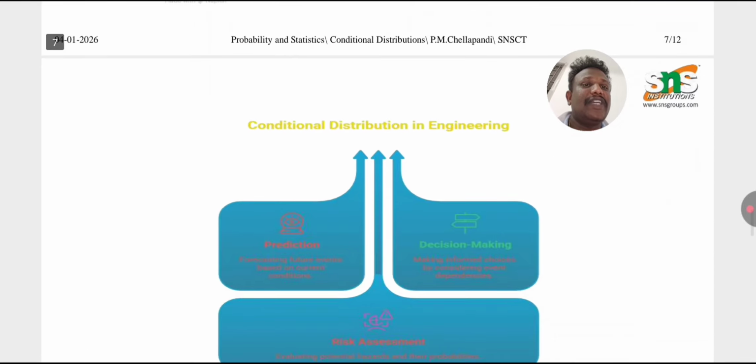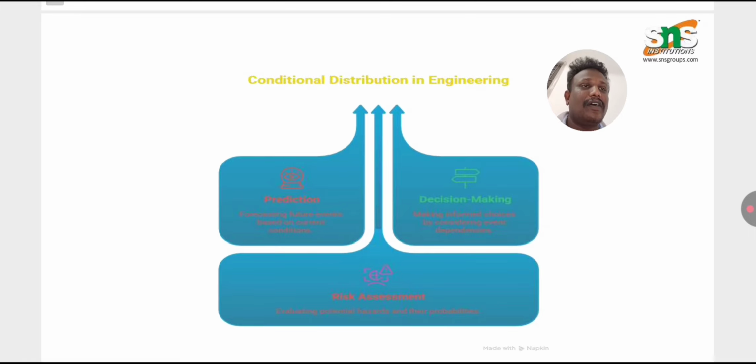Now in engineering, the contribution of conditional distributions is very important. For example, in communication systems, we use conditional distributions to analyze the noise effect on signals. In signal processing, we use them to understand signals under certain conditions. In reliability systems, they predict system behavior when a component fails.